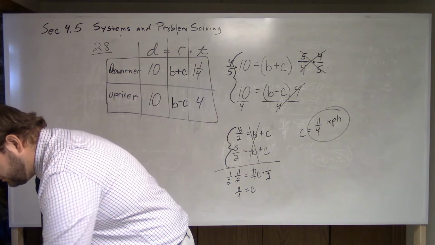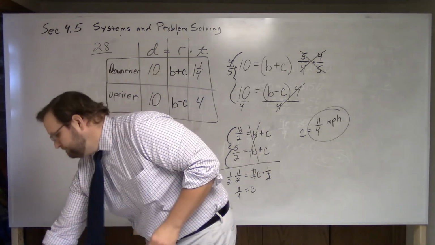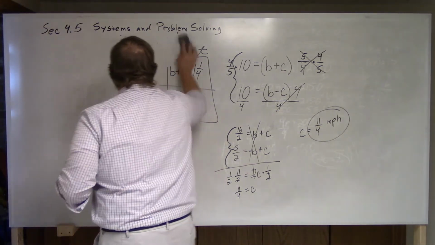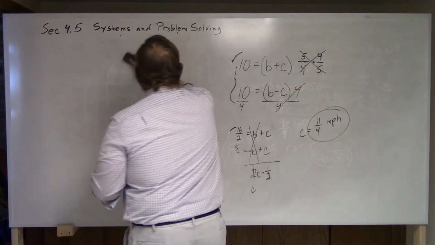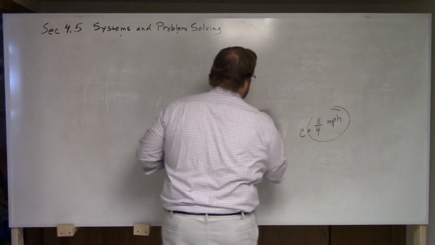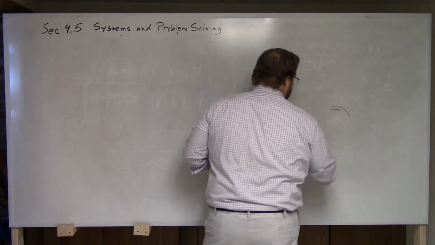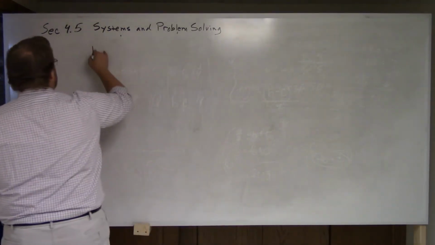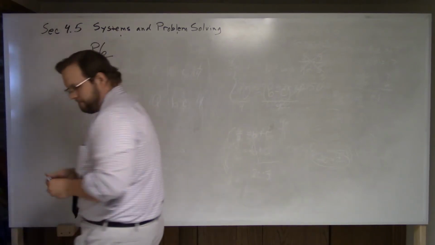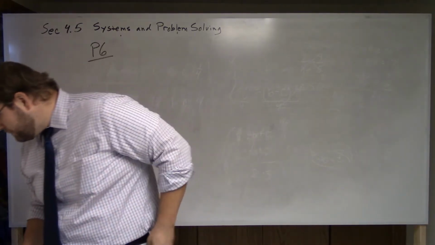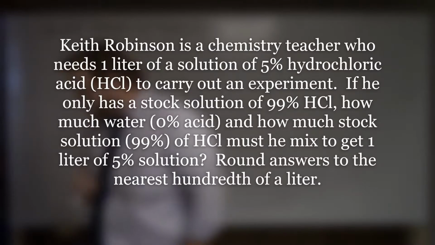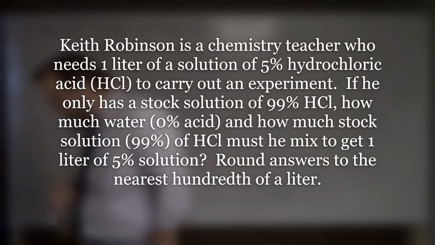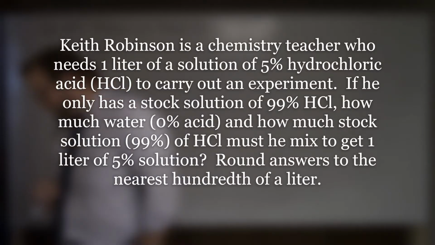Let's go into practice 6. So practice 6 is found on page 291, and it says, Keith Robinson is a chemistry teacher who needs 1 liter of a solution of 5% hydrochloric acid to carry out an experiment.